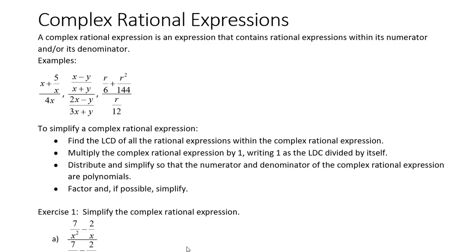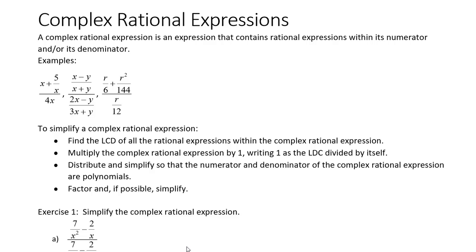In this section, we're going to look at complex rational expressions. A complex rational expression is an expression that contains rational expressions within its numerator and/or its denominator. So some examples of this would be like these three fractions I have here: x plus 5 over x in the numerator divided by 4x in the denominator.